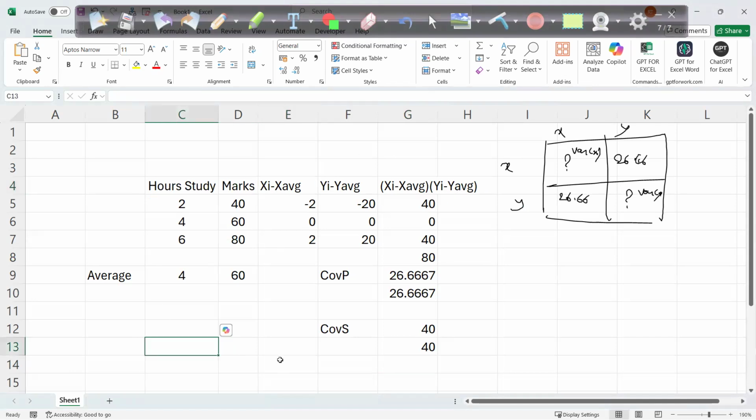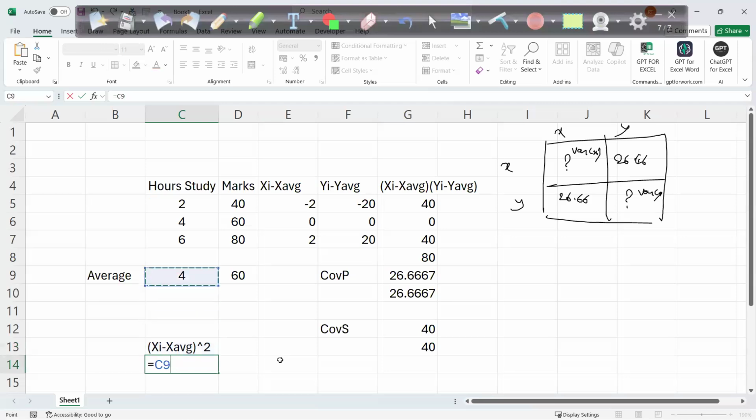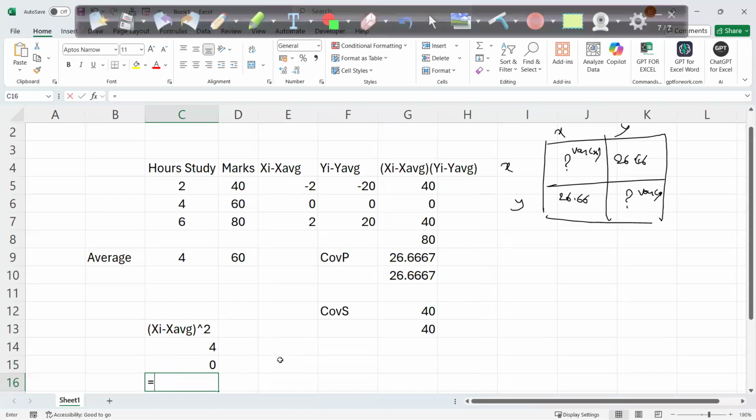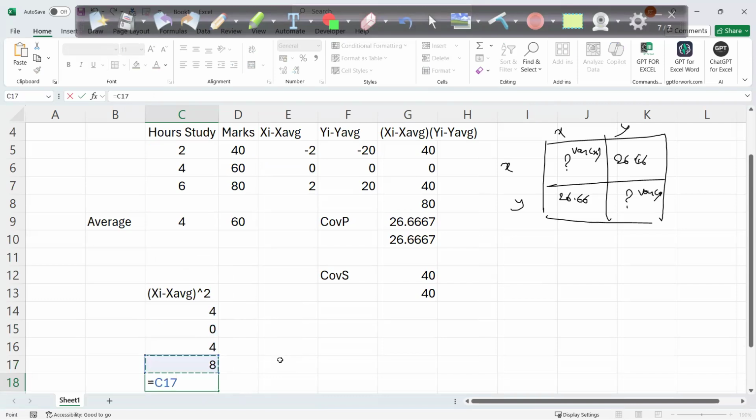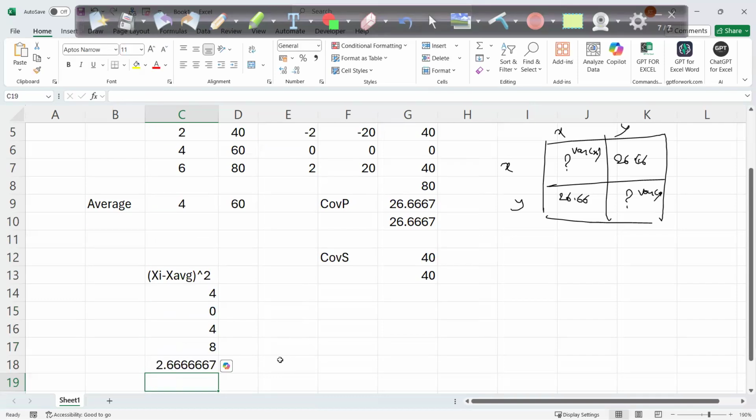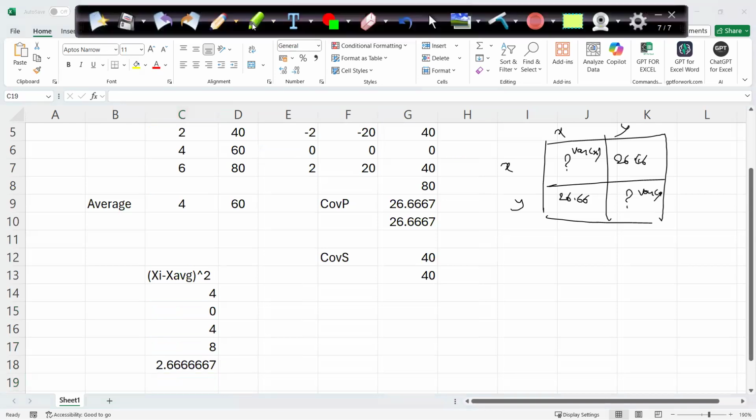So I need xi minus x average square, right? So basically this value raised to power 2, this value raised to power 2 and this value raised to power 2. I'll sum it up and I will be dividing this by 3. 2.666, 2.666.